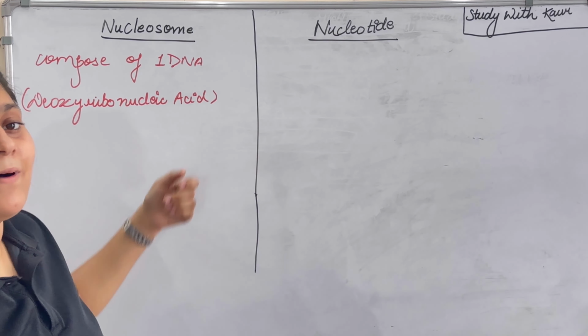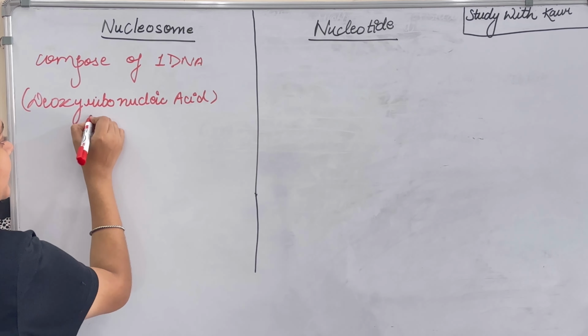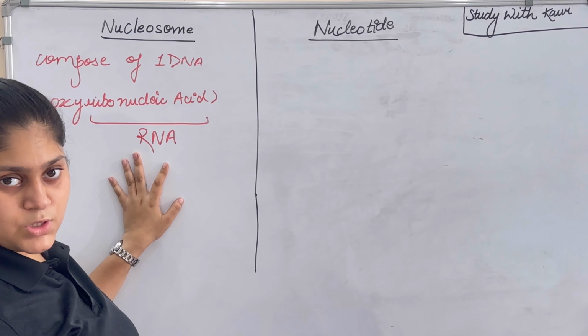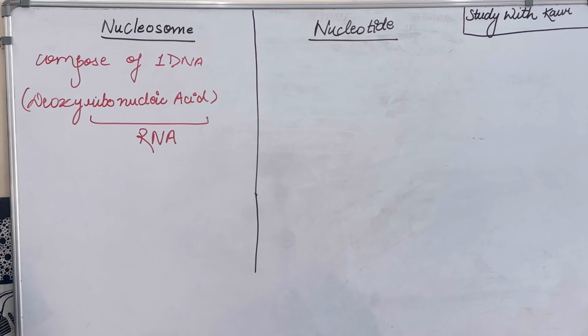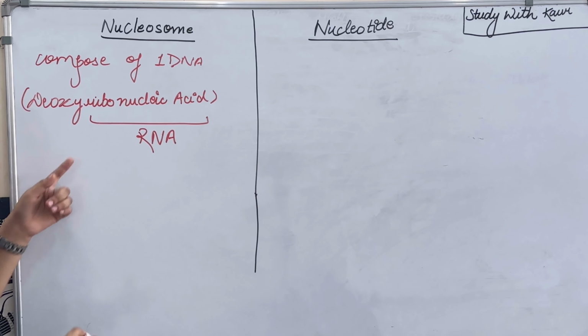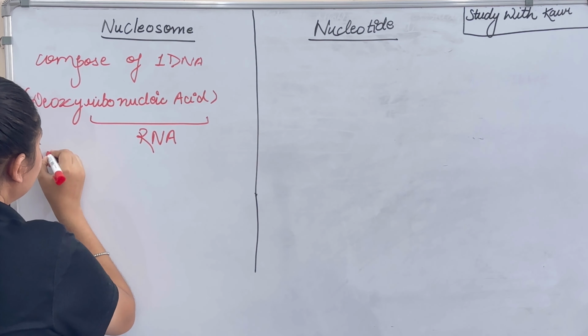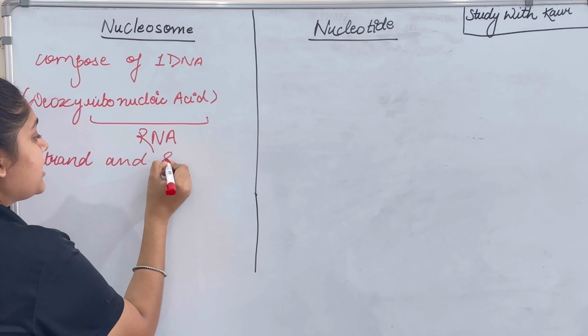It also comes for 1 mark in expand, and even ribonucleic acid, which is RNA, which we will study further. This also comes for 1 mark, so you have to remember these two things. So, composed of one DNA strand and 8 histone molecules.